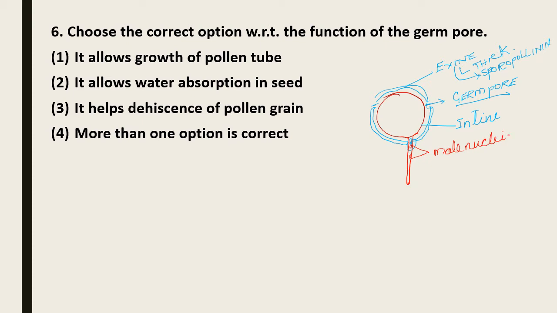So the correct option is that the germ pore allows the growth of pollen tube. The pollen tube is formed by extension of the intine and comes out only through the germ pore. So option 1 is correct.